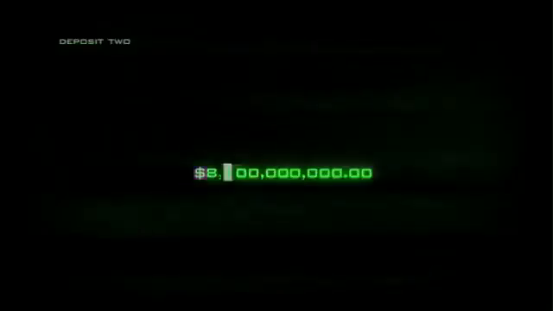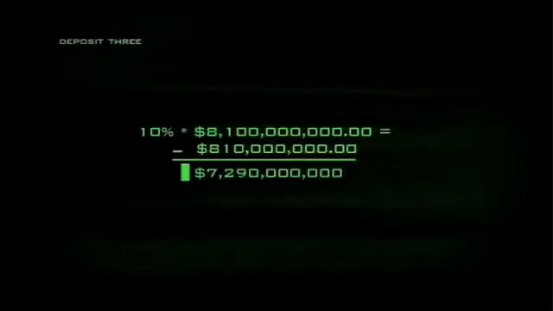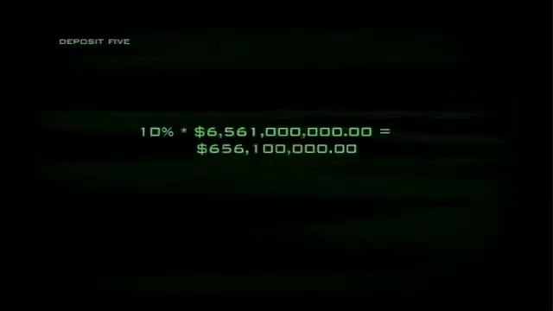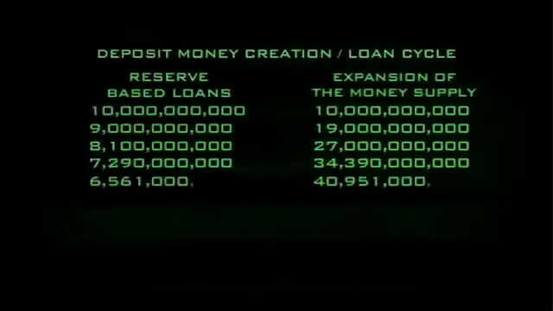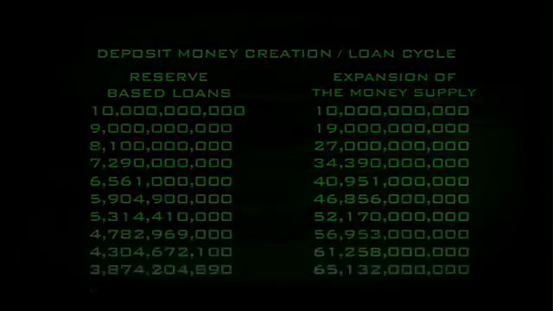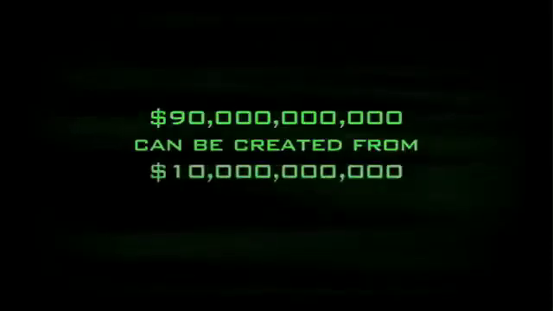And, of course, that 8.1 can be loaned out and redeposited, creating an additional 7.2 billion, to 6.5 billion, to 5.9 billion, etc. This deposit money creation loan cycle can technically go on to infinity. The average mathematical result is that about $90 billion can be created on top of the original $10 billion.